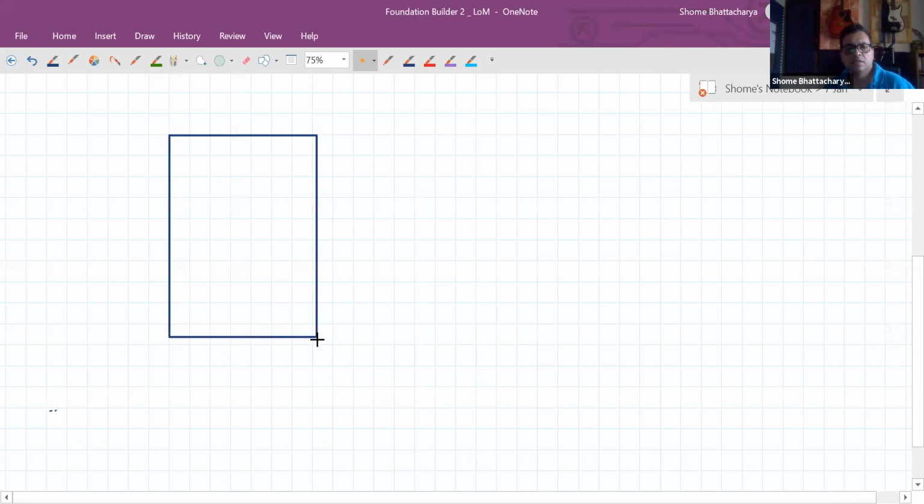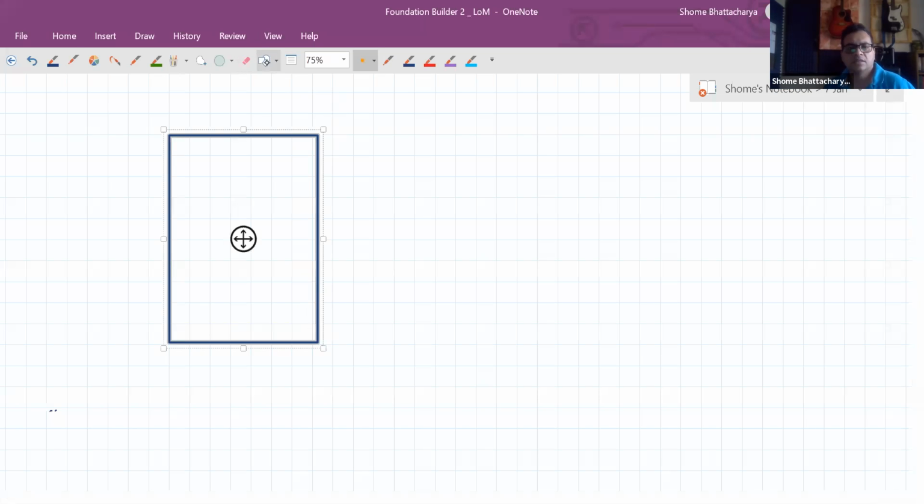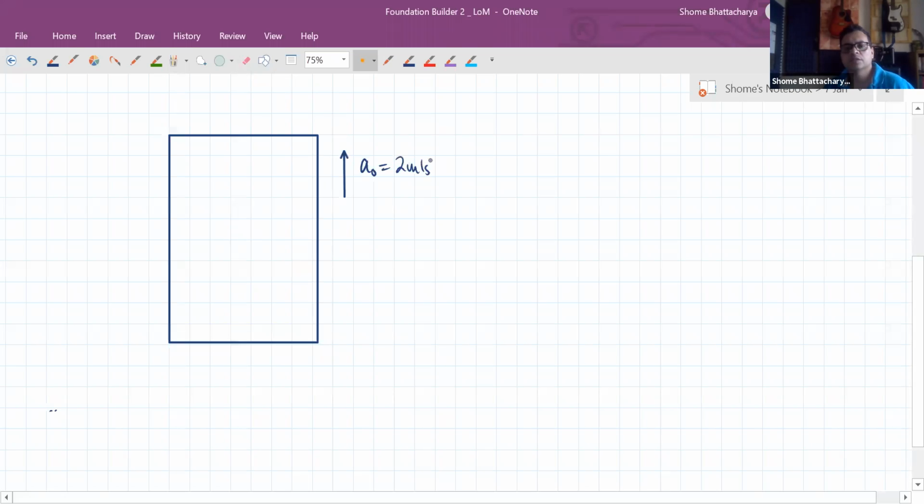Let's consider again an accelerated lift, which is going up with an acceleration, let's say 2 meters per second square. But this time inside the lift, we have an Atwood machine, that pulley system, that kind of thing.